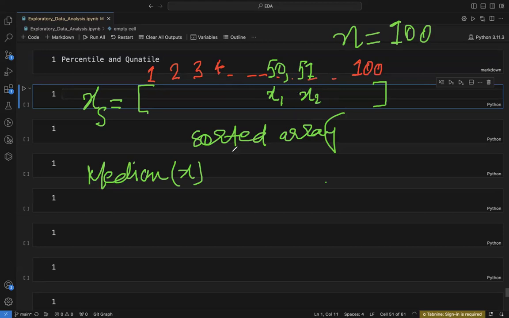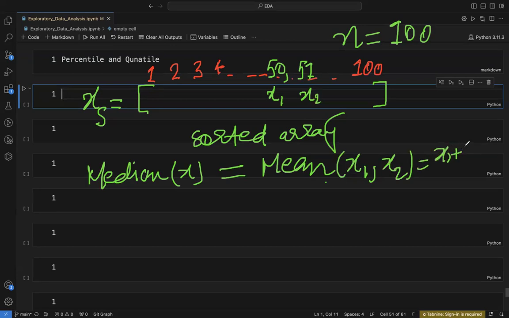So we take the mean of x1 and x2 to calculate the median, which is (x1 + x2) / 2. We do this because 100 is an even number, so we take the two middle values and calculate their mean.